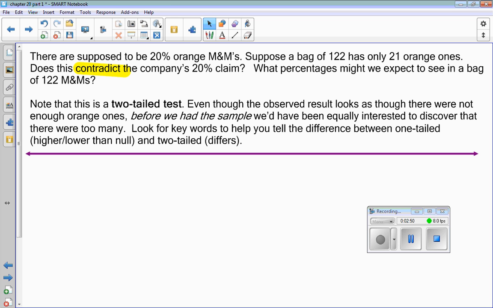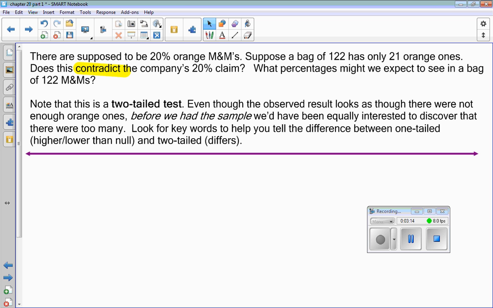Even though the observed result, and this is kind of important, 21 out of 122, so if I take 21 divided by 122, our observed p hat is definitely less than 20%. That does not mean we're going to say less than, though. We have to be told in words.